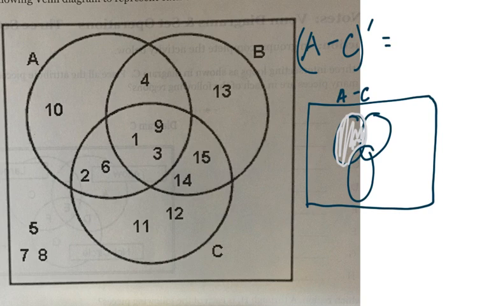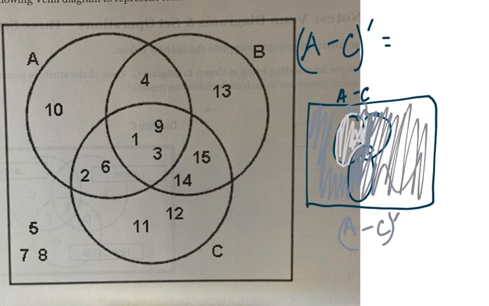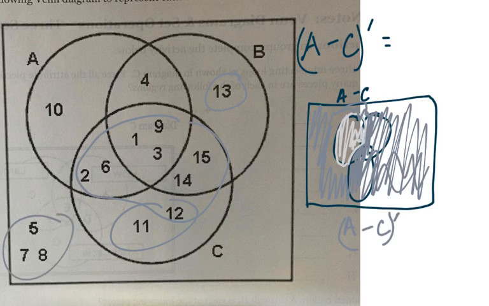So to shade that in darker gray, the complement of A minus C is everything that's shaded in the gray. So it's essentially all the regions except for regions 1 and 2. So I'm going to count all the elements in all of these regions except for 1 and 2. And that's the complement of A minus C. So here we go.